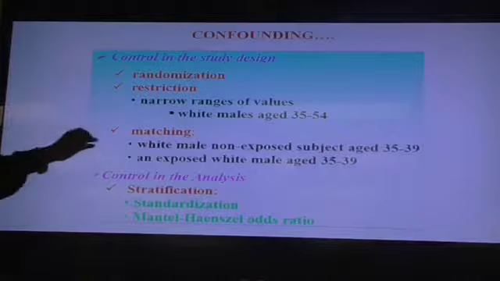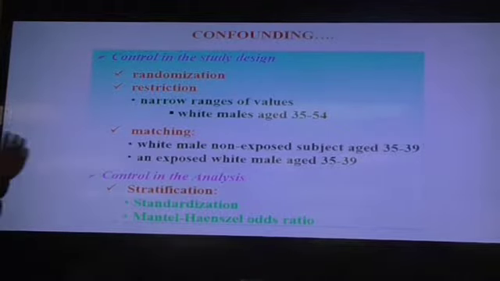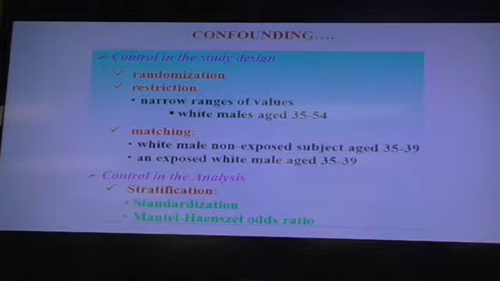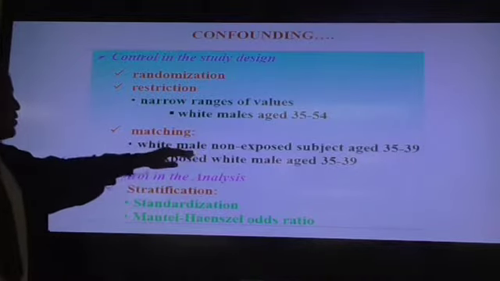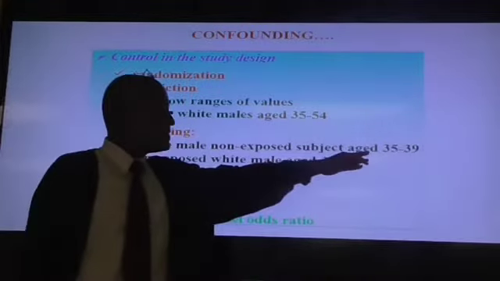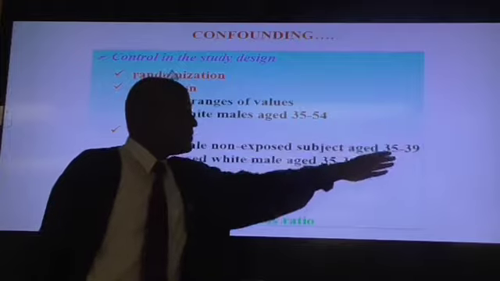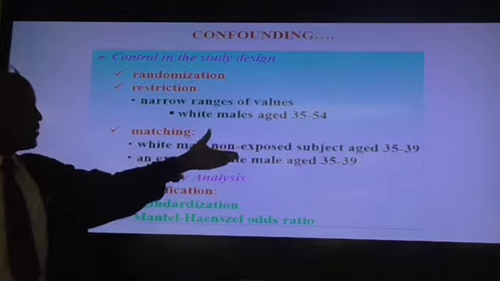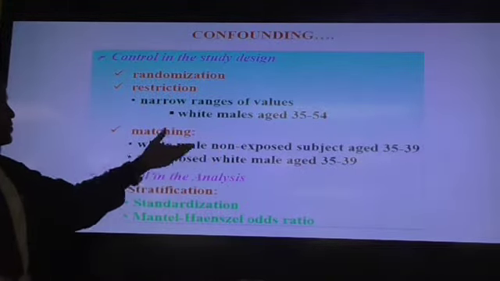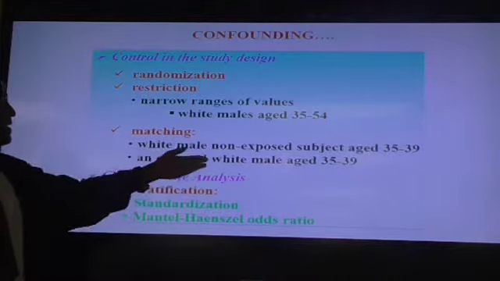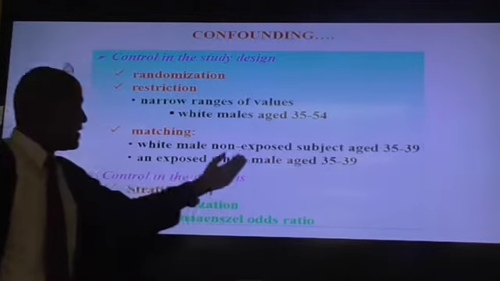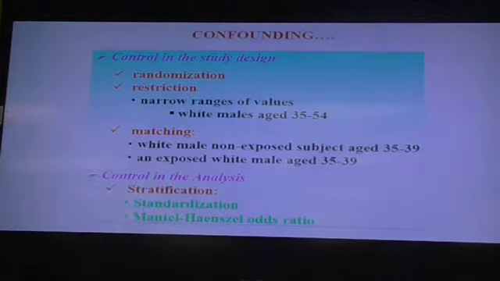You can also match the study and control group. Matching means if you have, for example, white males age 35 to 39 in the non-exposed group or control group, you also take the same white males age 35 to 39 in the exposed group or treatment group.